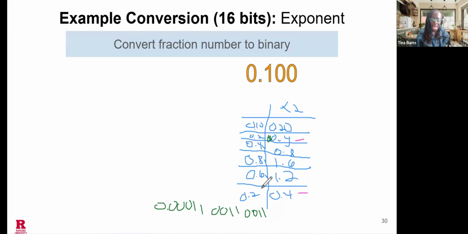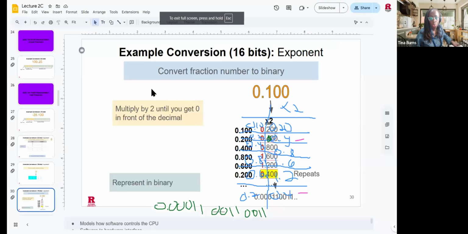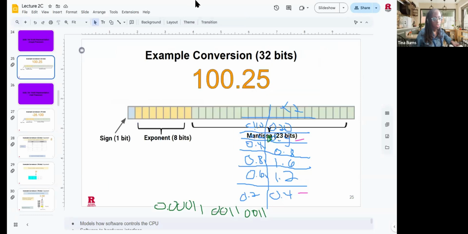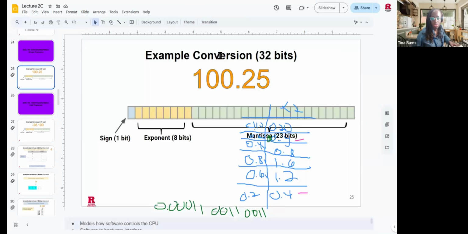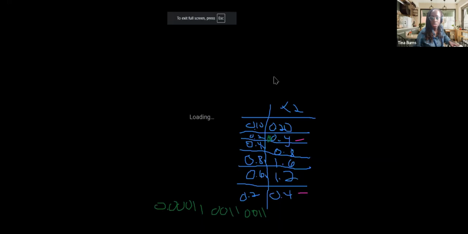All right, so now we have the fractional representation. Let me clear my drawing here.